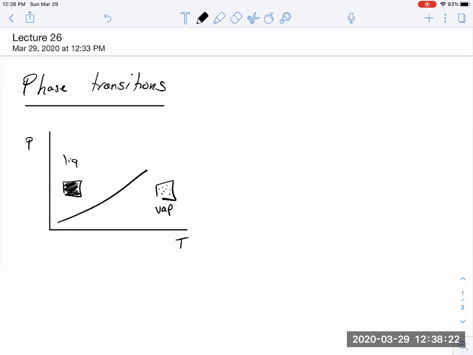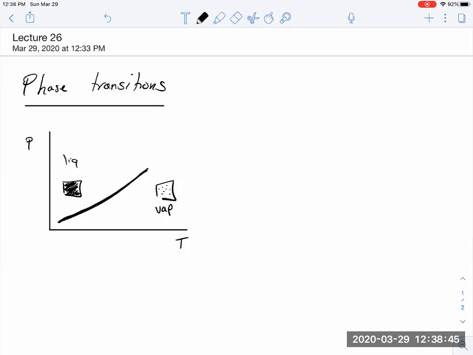Namely, if I'm to the right of this line, I'm at equilibrium going to find a material in its vapor. If I'm to the left of that line, it is most probable to find a state of matter in that liquid form.